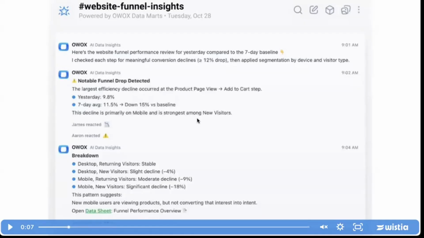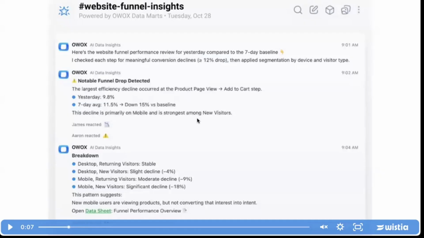In this case, we also limited it to a 12% drop, not to see all the changes, because it would be just a mess in our chat. So once a week, we deliver this information. All the team sees a single piece of information they can react on.